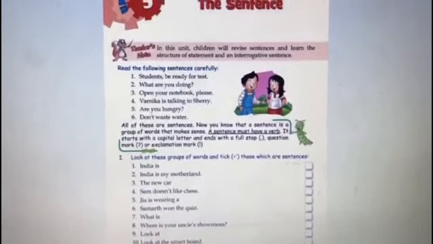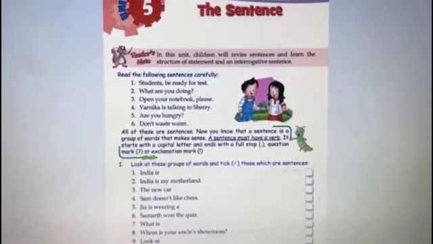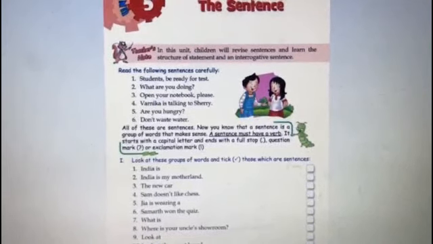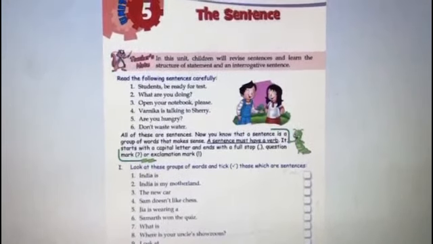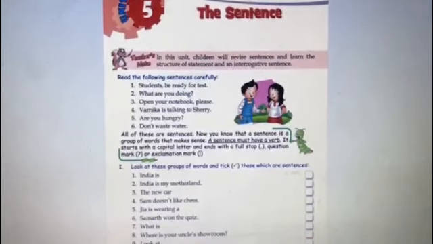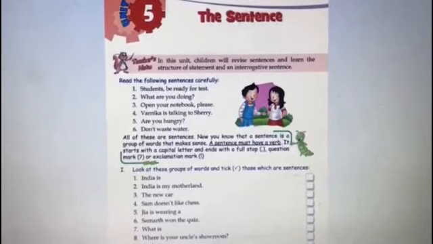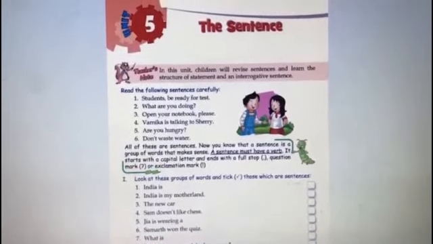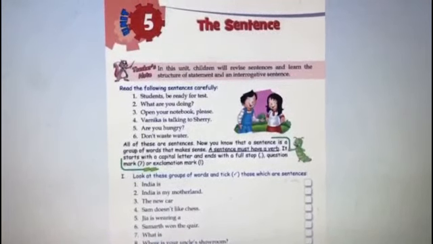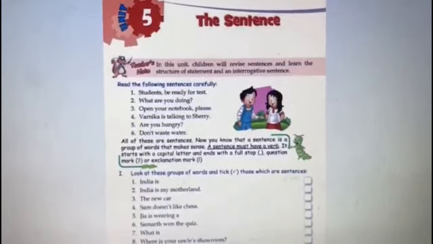Number 2. What are you doing? Number 3. Open your notebook, please. Number 4. Varnika is talking to Sherry. 5th. Are you hungry? 6th. Don't waste water. Have you read it after me?